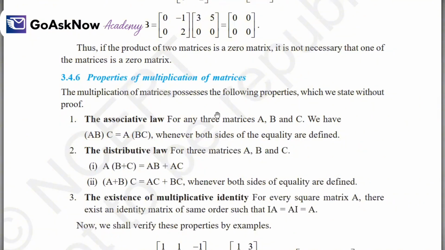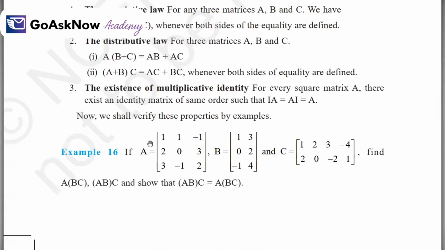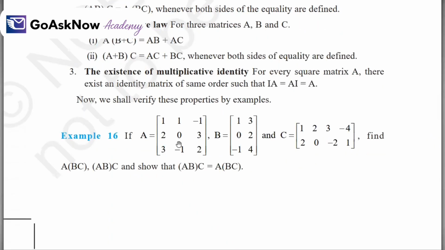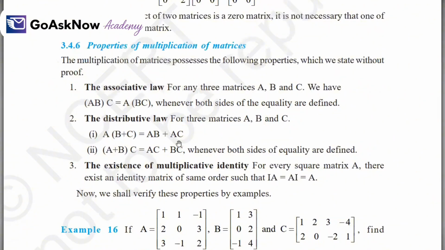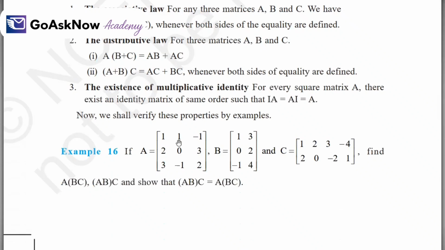If you have three matrices A, B, and C, and take some examples, here you can see in Example 16 that they have taken the A matrix, B matrix, and C matrix and found A(BC), then (AB)C, and you can show that (AB)C is equal to A(BC).